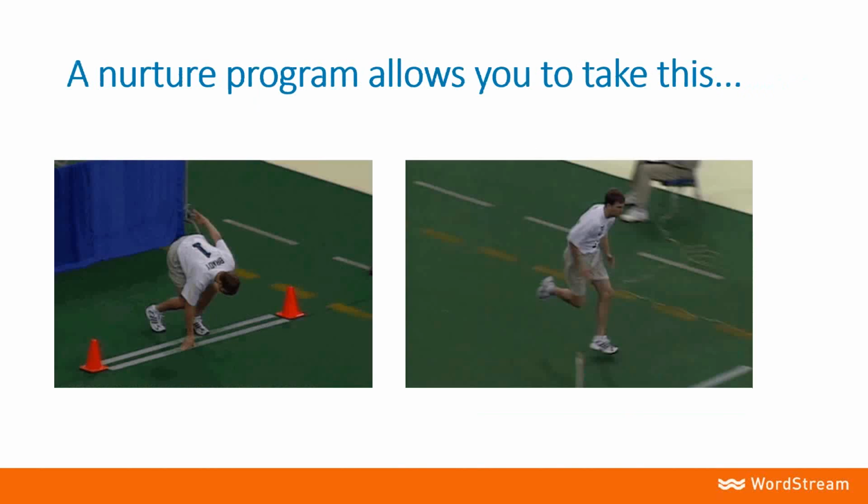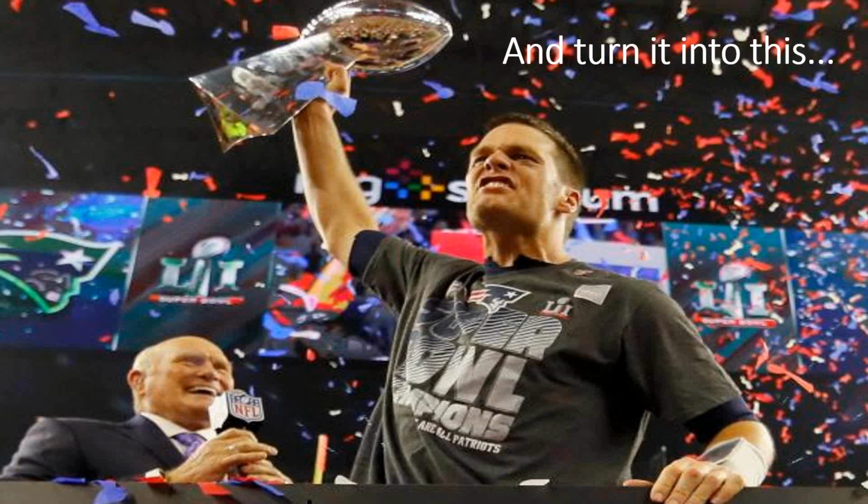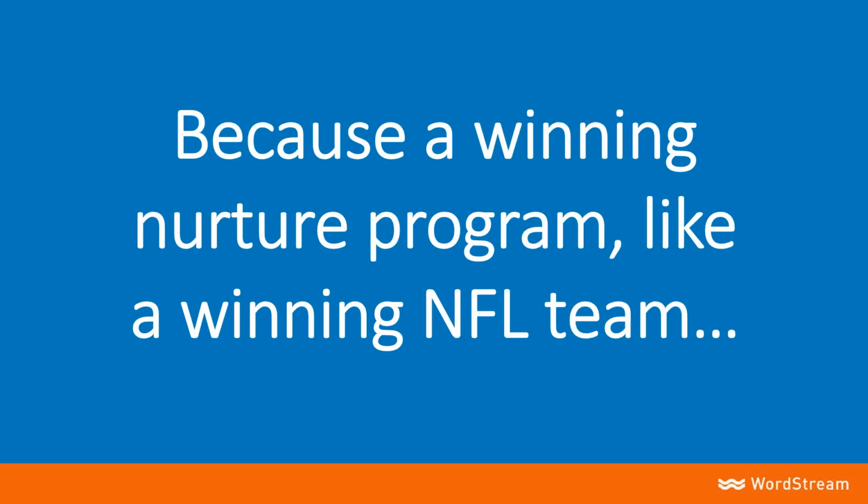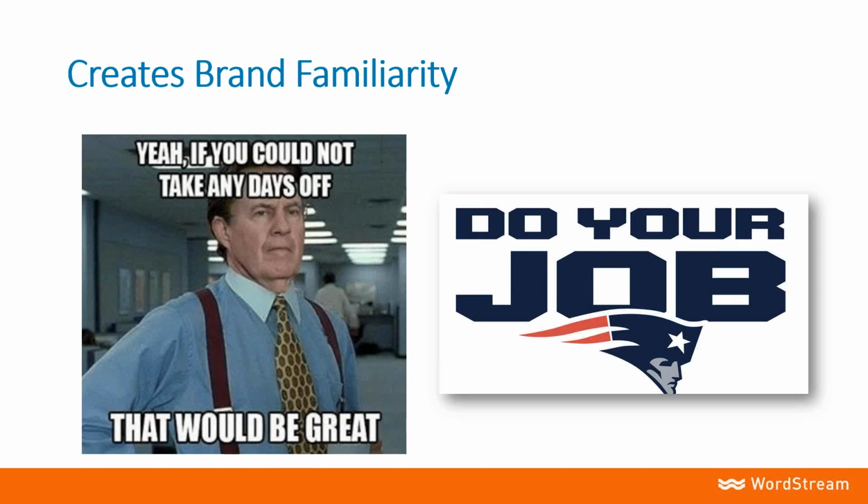A nurture program is what allows you to make this happen. You can take the guy who runs the 5.28 40, the guy who splits time at Michigan, and turn him into a champion. He is now a customer, not a prospect. This happens because a winning nurture program, like a winning NFL team, does 3 things. It creates brand familiarity, so classic New England Patriots: Bill Belichick, no days off, do your job, catchphrases for days.